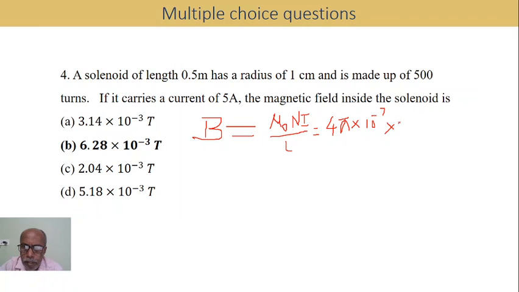into N is 500 into I is 5 ampere, whole divided by L. L is 0.5 meter. That will be equal to, and this gives 1000 as usual. This is 1000.